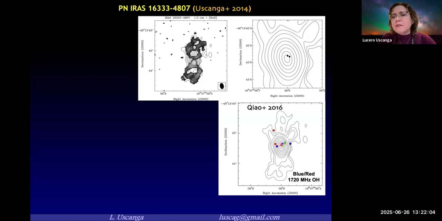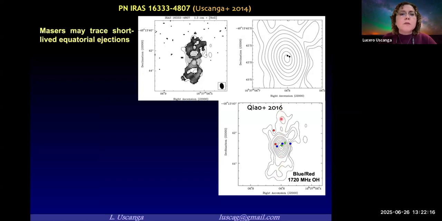The masers present a structure that is more or less perpendicular to the major axis of the radio continuum emission that could be traced in an outflow associated to this planetary nebula. They propose that these masers may trace short-lived equatorial ejections, considering that this transition is excited by shocks.